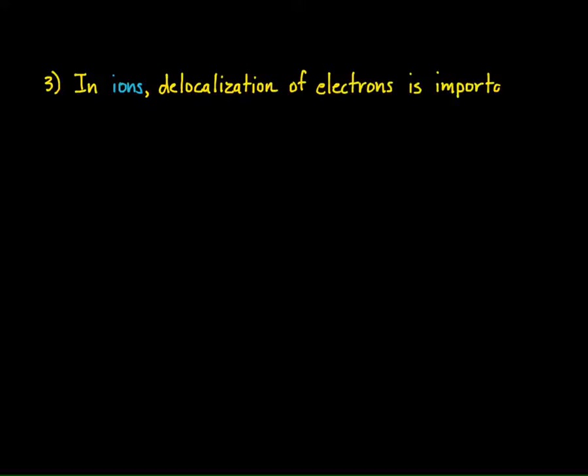The third rule is when we're talking about ions, delocalization of electrons is very important. So I'm going to go back to the example that I showed previously, and that is the allylic carbocation.